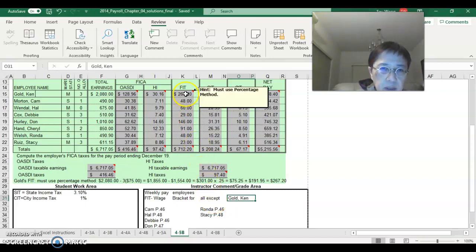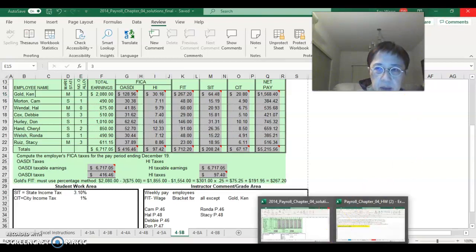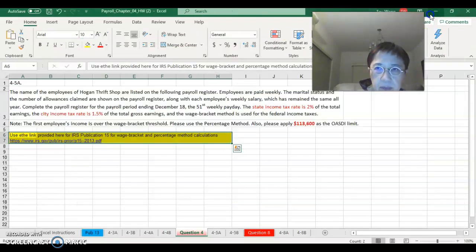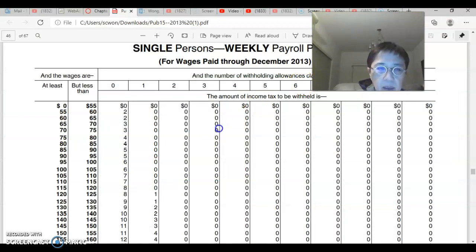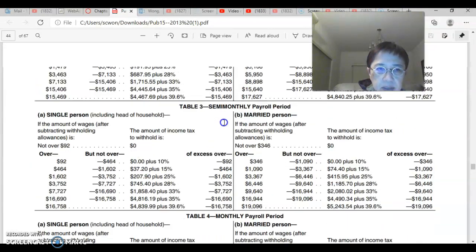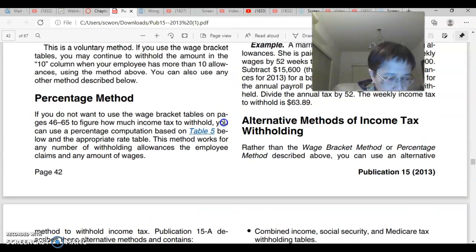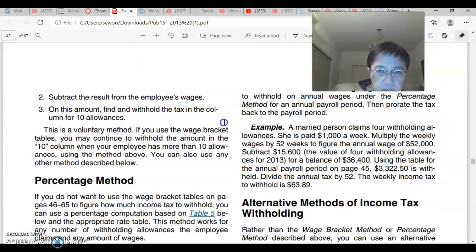On the percentage method we have 3 withholding allowances. So let's go back to Publication 15. For the first one, it's 3 allowances.